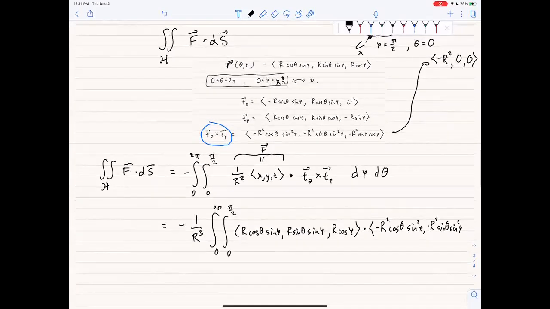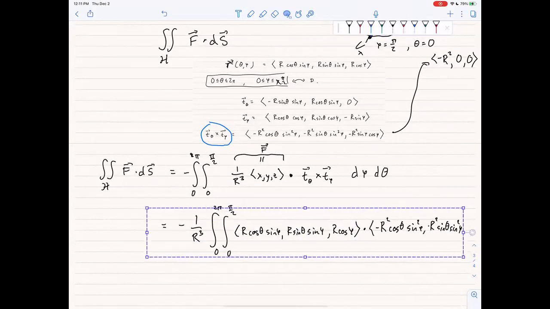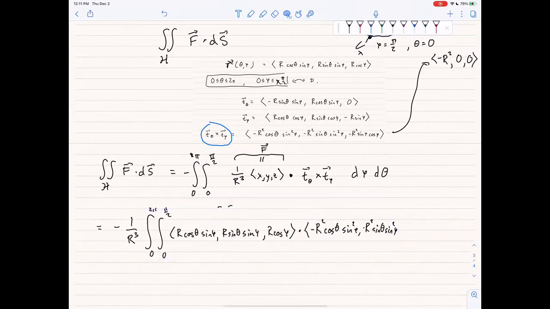Oh, I lost some pieces there. Where was I? Yes, I'm doing T theta cross T phi.